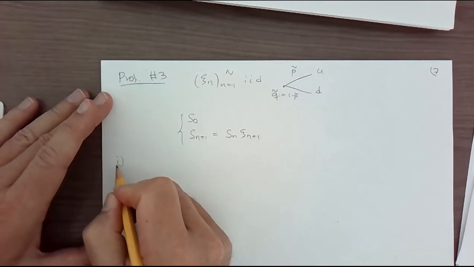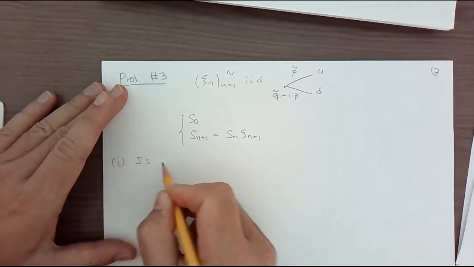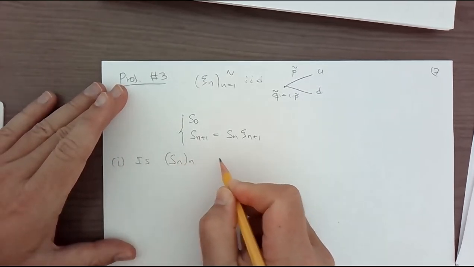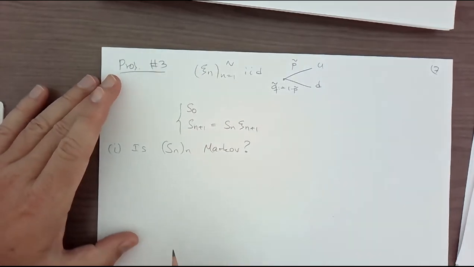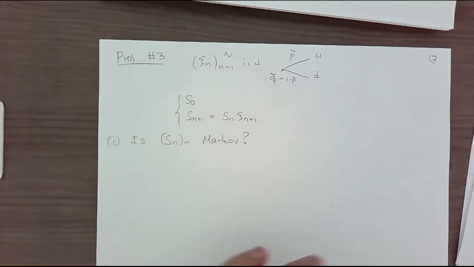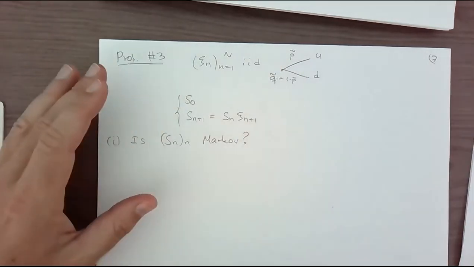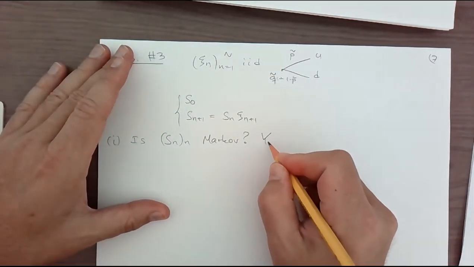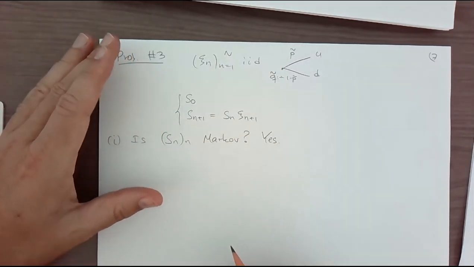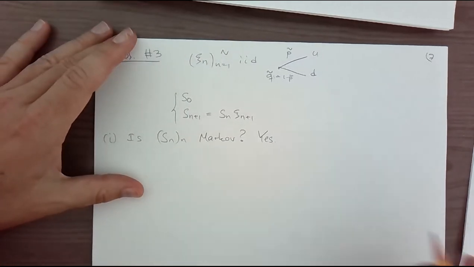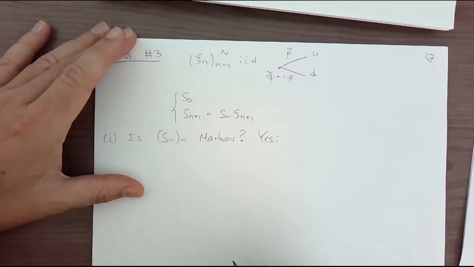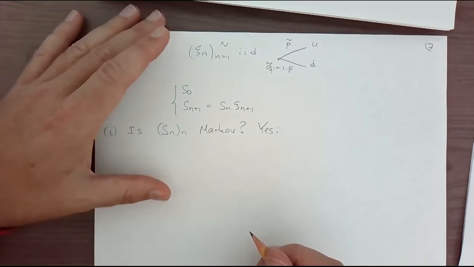The first question is: is Sn Markov? That's something we've proven in class, and the answer is yes. How does one prove that again? Remember what it means to be Markov.